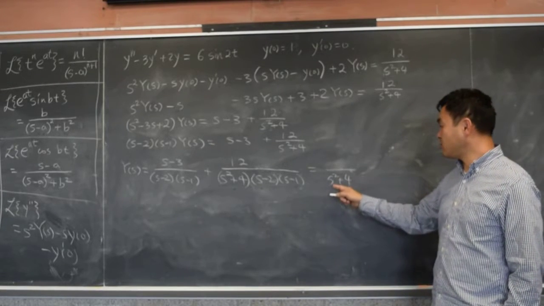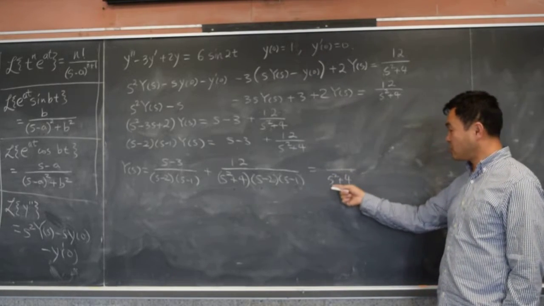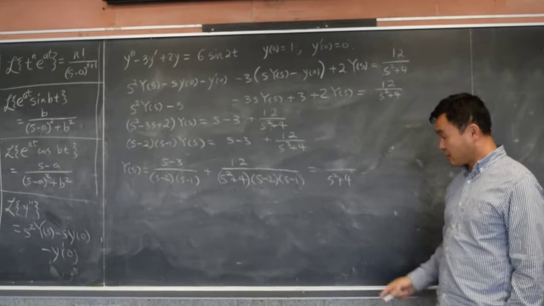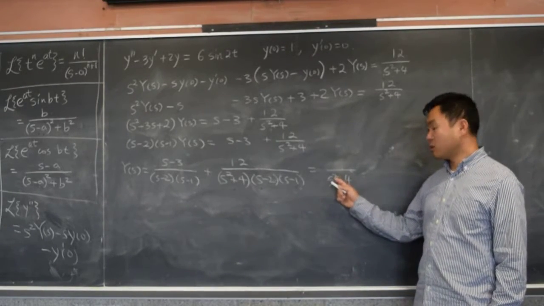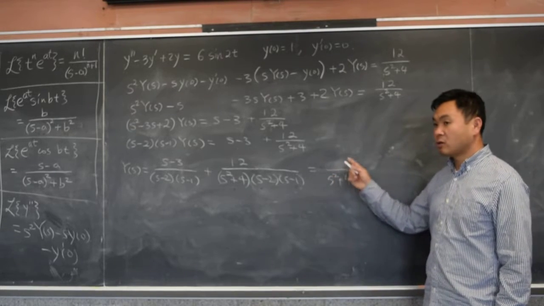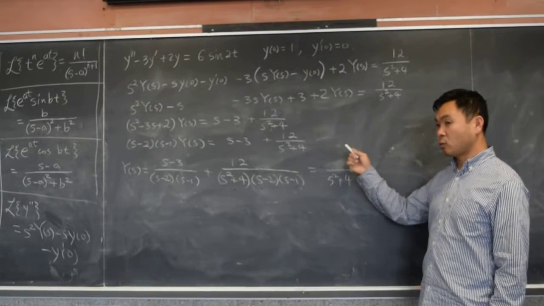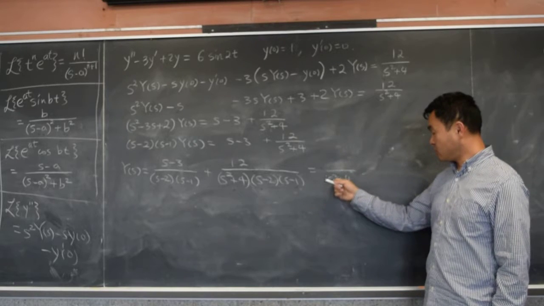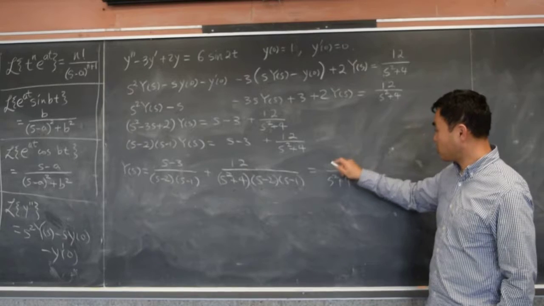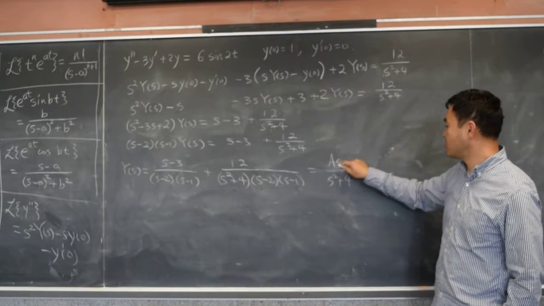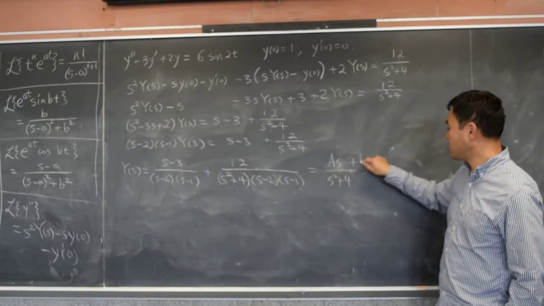And since this cannot be factored, you have to leave it like this. And because it's a quadratic polynomial, on the top you have to put one less order. Since this is a second order polynomial, you have to put a first order polynomial. So we're going to put As plus B.